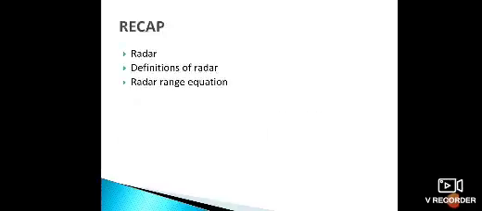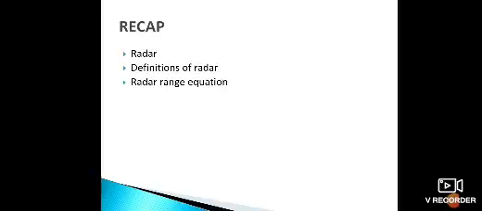In the previous session I told about what a radar is, how it works, the main principle of working, and the types of radars. There are a number of definitions involved in radar, and we derived the radar range equation.